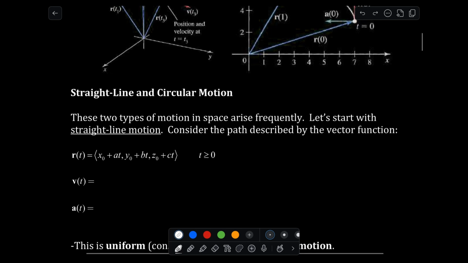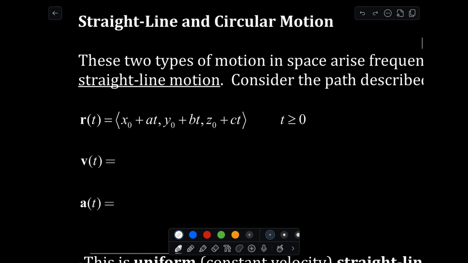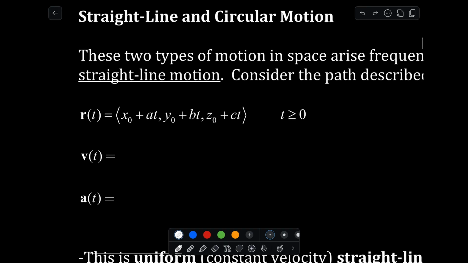With straight line and circular motion, these are like the two most common ones you may have seen in physics already. The first one, straight line motion, involves kinematics. That's like the first unit of a physics 1 class you may have taken in college, right? And in order to do this, to solve for the velocity and acceleration functions, we have to take the derivative of the position function, right?